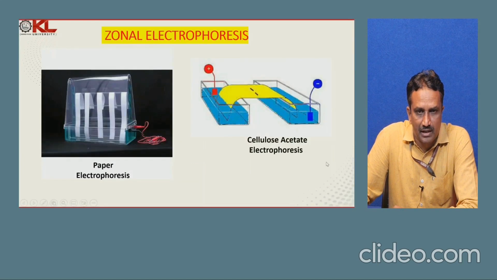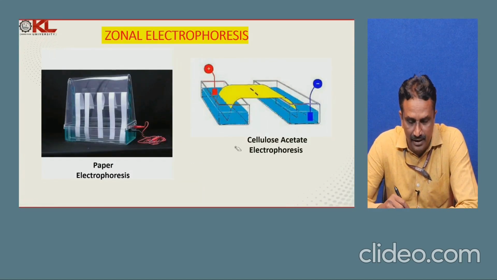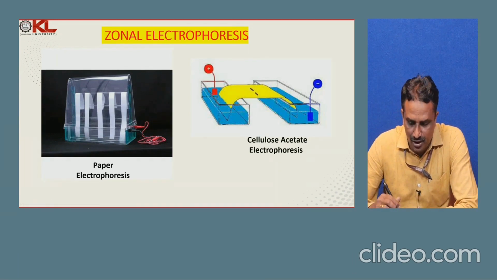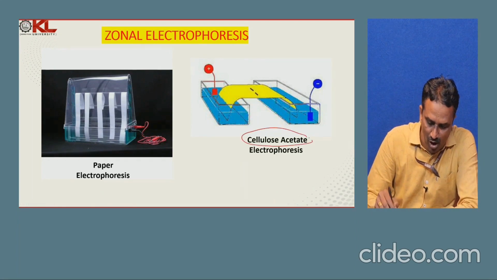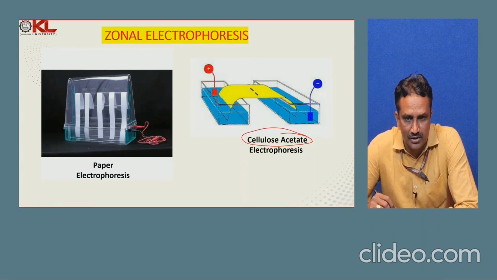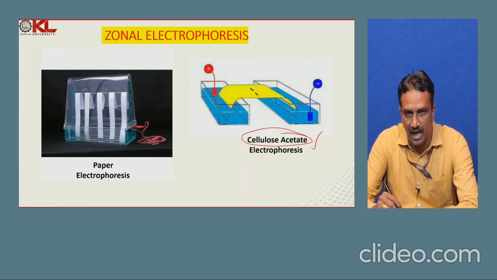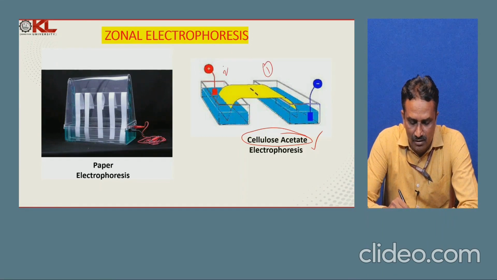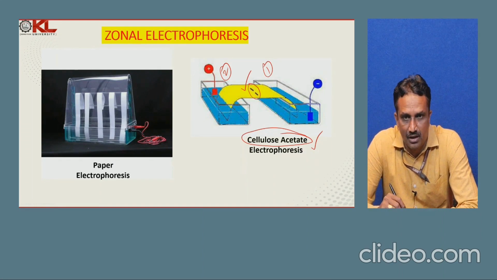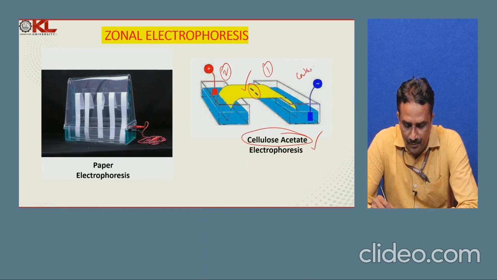You can also see the other way of representing paper electrophoresis. If the nature of the paper is cellulose acetate instead of a common Whatman filter paper, the type of electrophoresis under zonal electrophoresis is called cellulose acetate electrophoresis. Here you can see two chambers or reservoirs where the buffer will be filled before the paper is placed. Once the paper is placed, you can load your samples at one end, preferably at the cathode end.